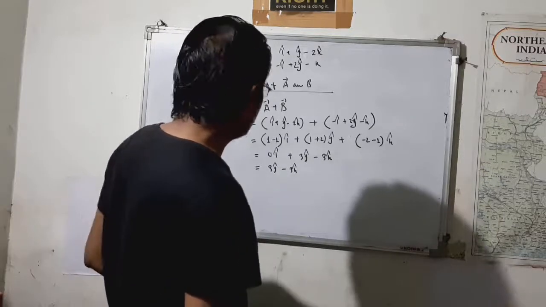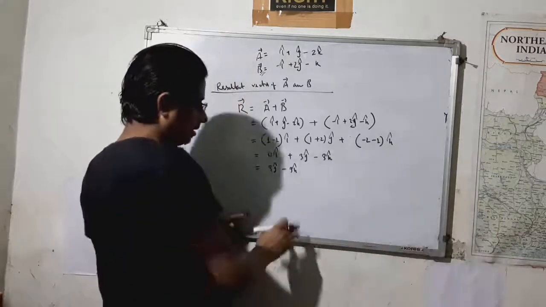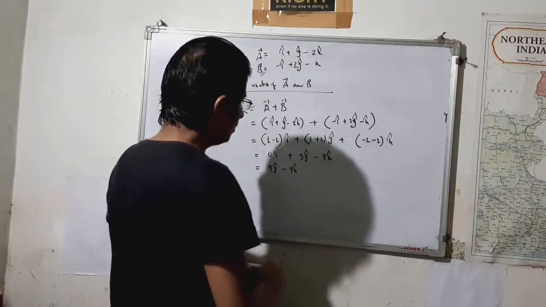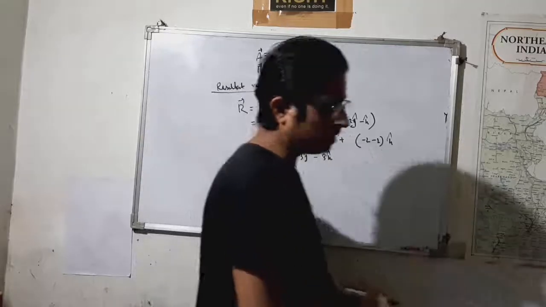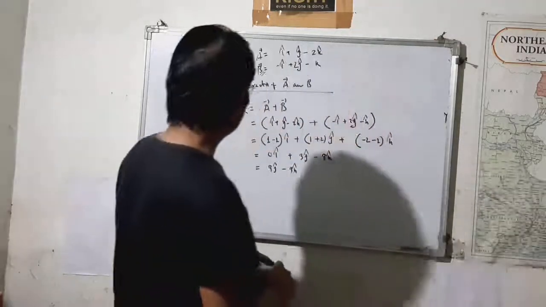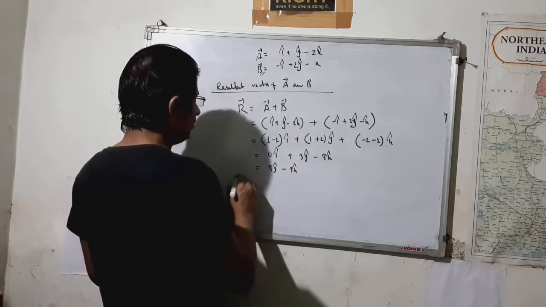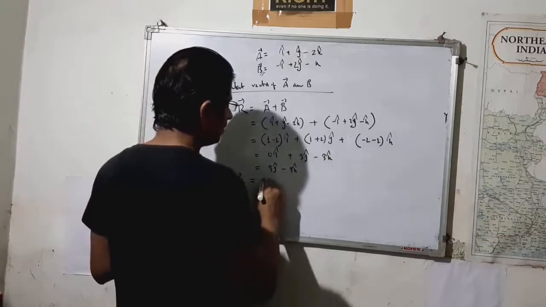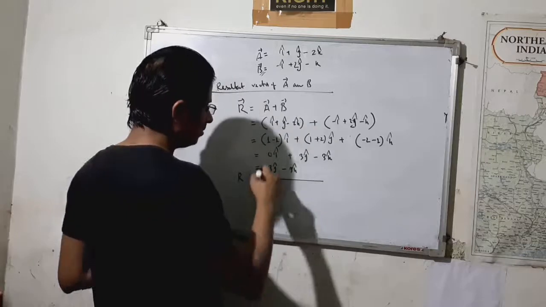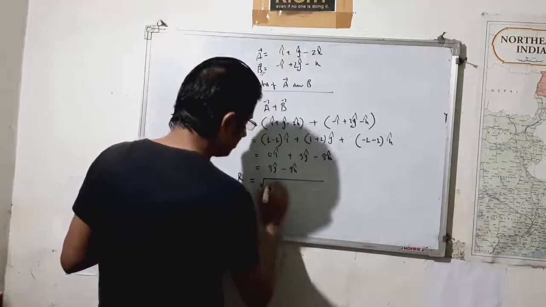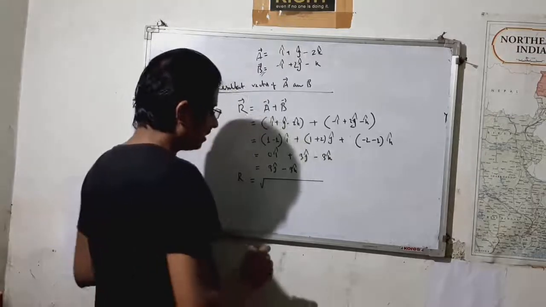And you can calculate the magnitude by simply applying the formula for a coordinate vector. R equals square root of rx square plus ry square plus rz square. Here rx square is equal to 0, so the first term will vanish.